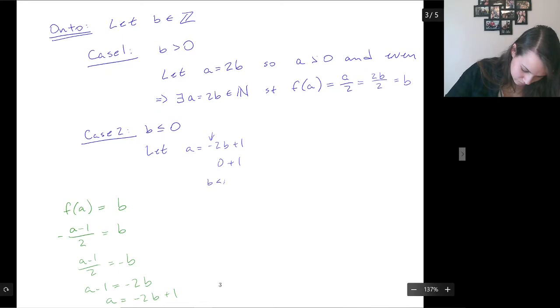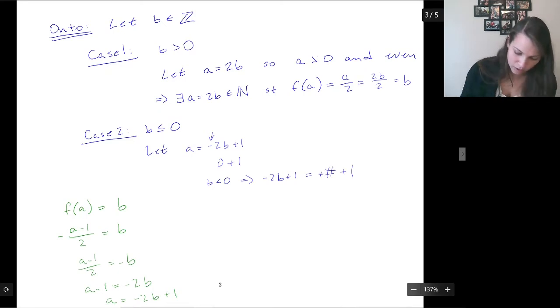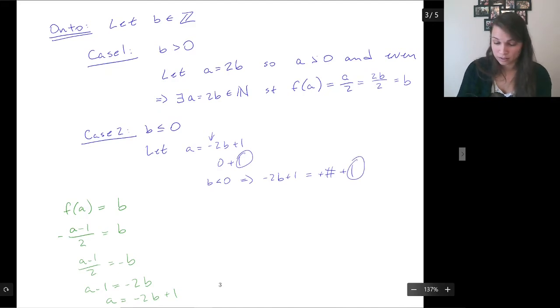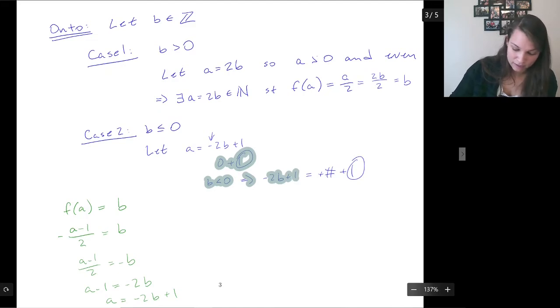So B less than 0 implies that negative 2B plus 1 is equal to a positive number plus 1, and so we're going to get 1 and things bigger than 1. So again, A is safely a natural number.